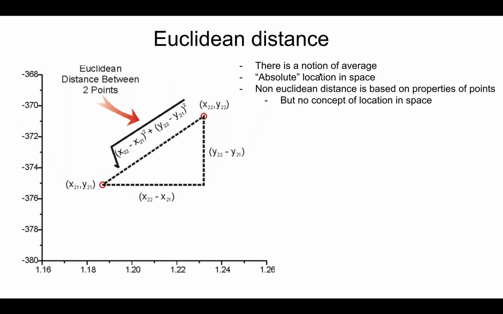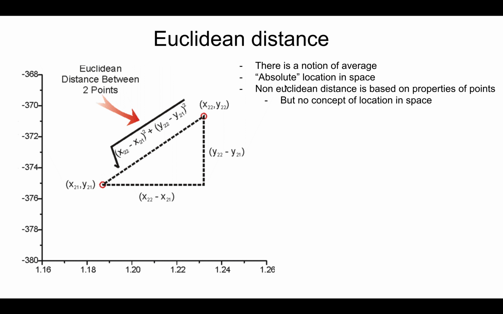So in the Euclidean space, there also exists the notion of an average between two values. And there is an absolute location in the space, meaning that they're transitive in the way that I explained previously, that you can go from one point to another immediately without doing this and this.